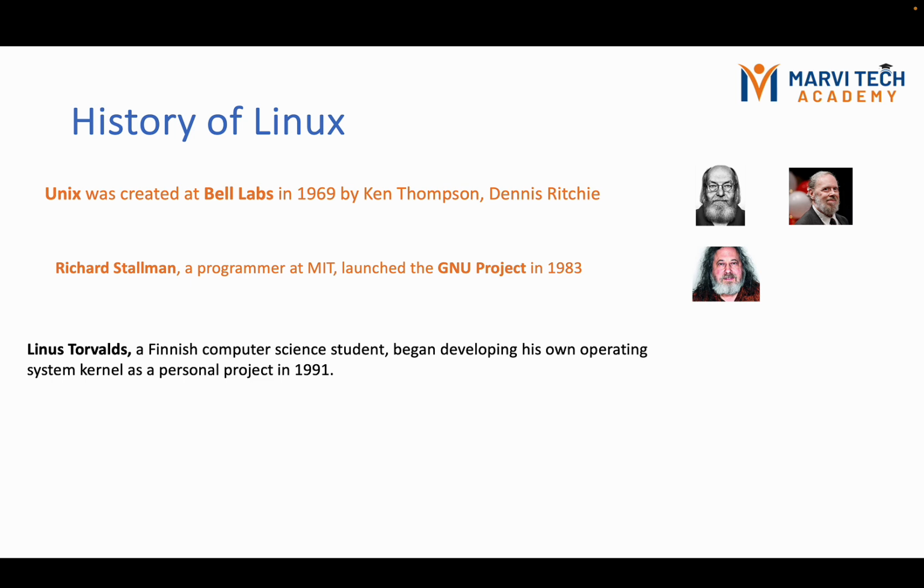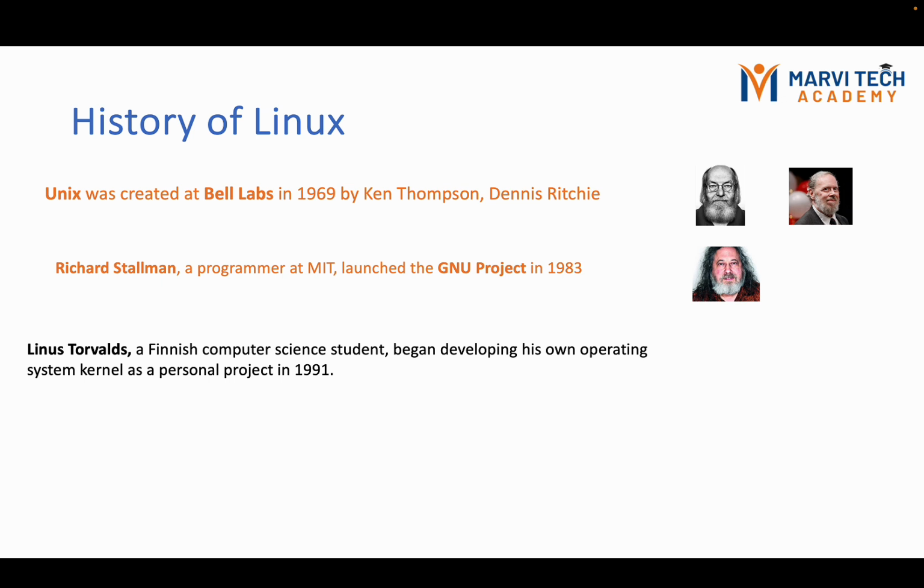So, what next? Linus Torvalds, a Finnish computer scientist, began developing his own operating system kernel as a personal project in 1991. This kernel was inspired by the Unix-based Minix system, which Torvalds found limited for his needs.